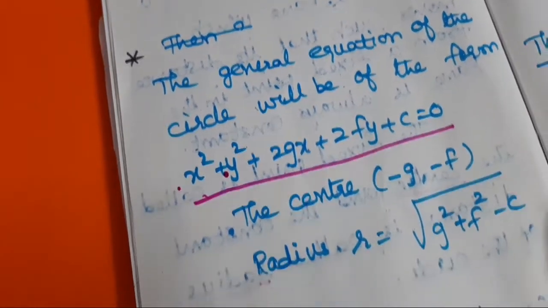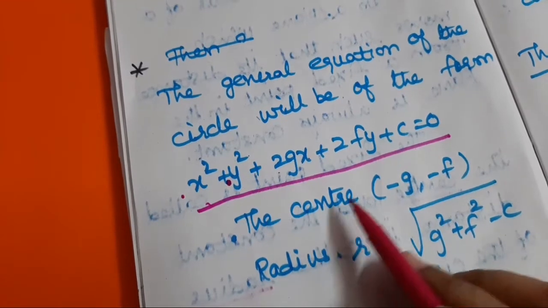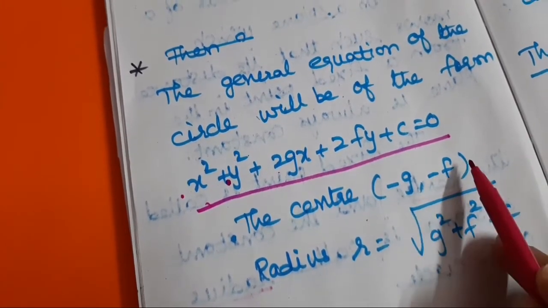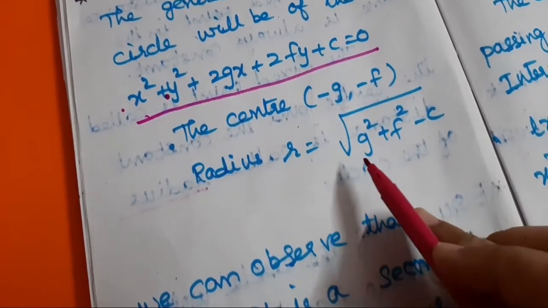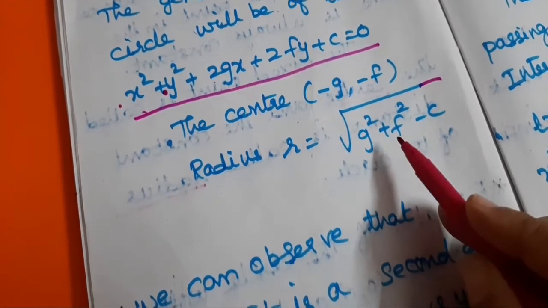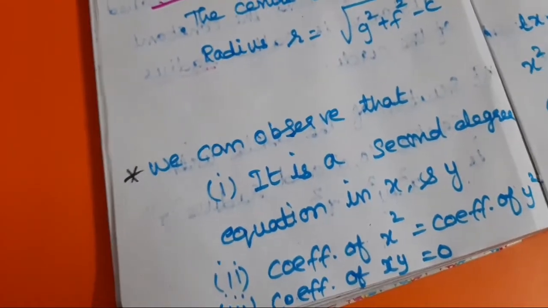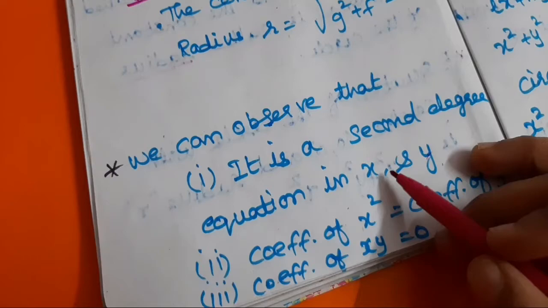c is a constant. If the circle is in this format, then the center of the circle can be found as minus g comma minus f. Then the radius can be found by the formula square root of g square plus f square minus c. We can observe that it is a second degree equation in x and y.